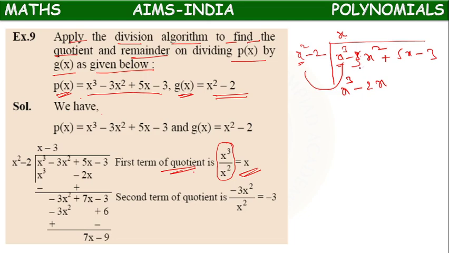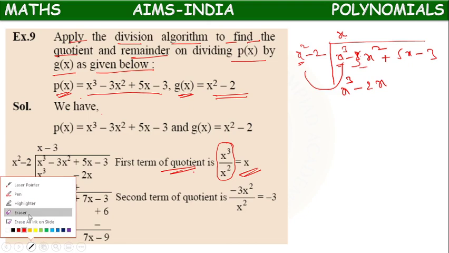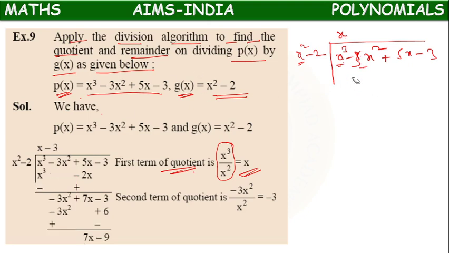But we cannot write it like this, because in g of x, x square minus 2, the x term is missing.